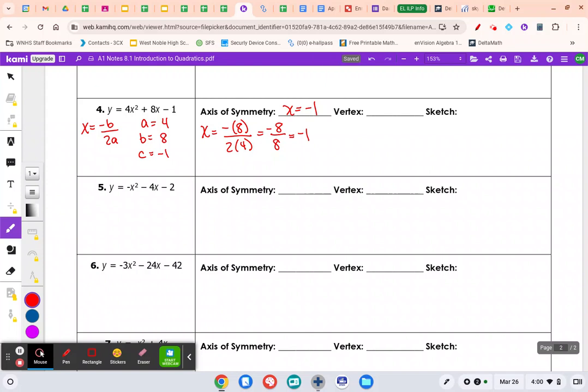I take what I found there and I plug this into my original equation that is found up here. y equals 4x squared plus 8x minus 1. So I replace the x's with negative 1 in parentheses, so that way if I plug it into my calculator, I know I'm good.